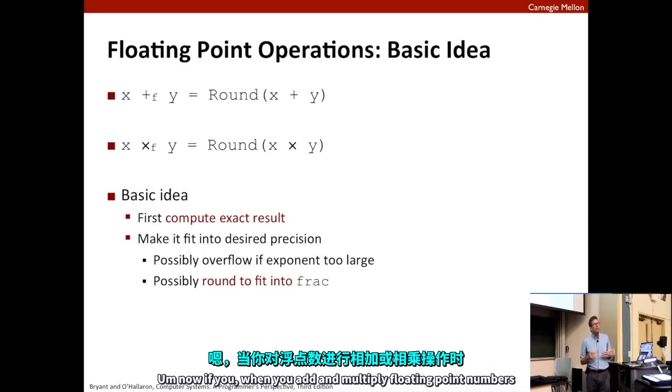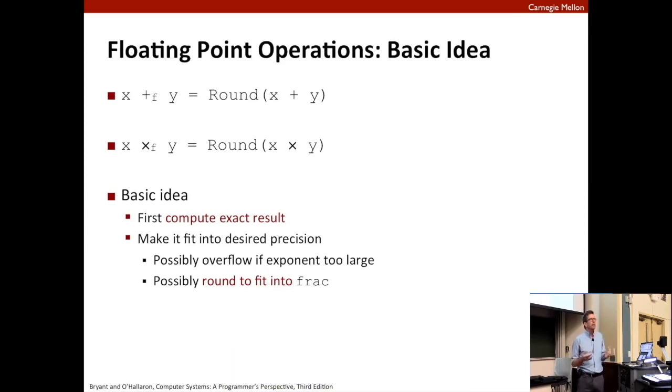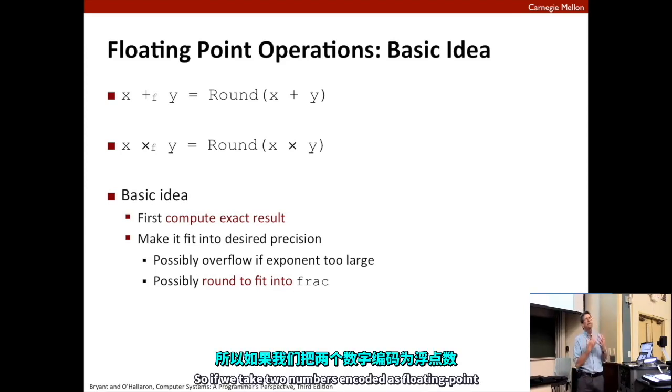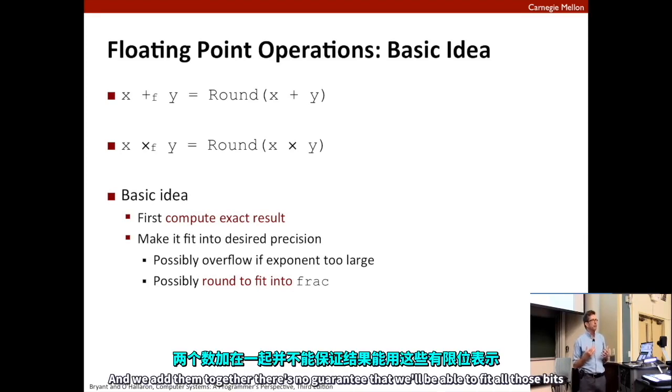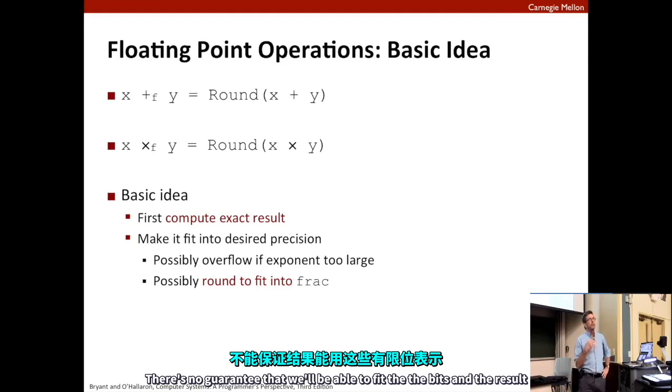Now, when you add and multiply floating point numbers, we're dealing with a limited set of bits here. So if we take two numbers encoded as floating point and we add them together, there's no guarantee that we'll be able to fit the bits in the result.